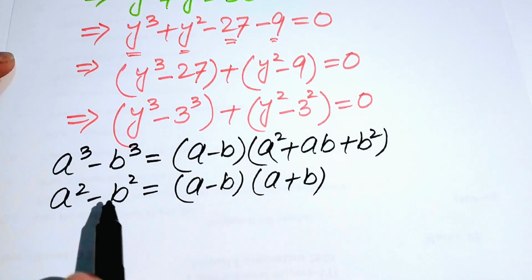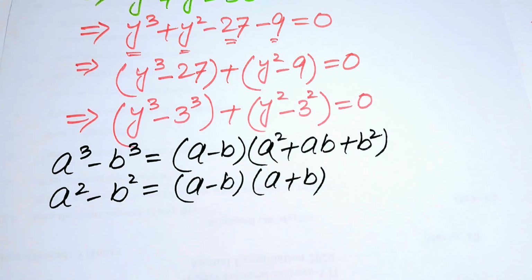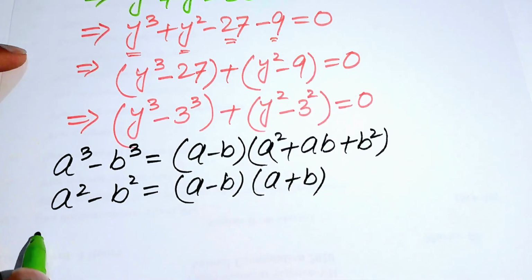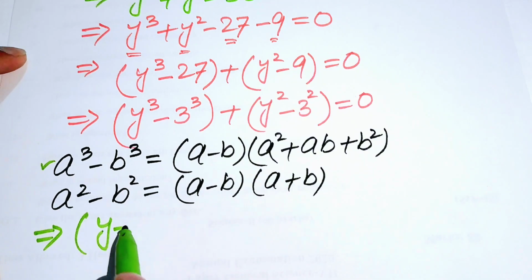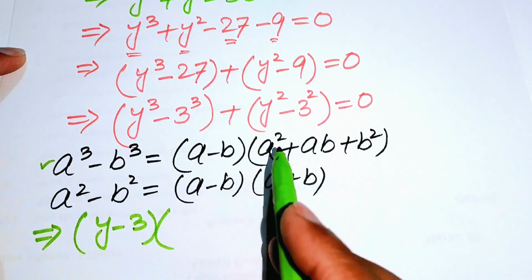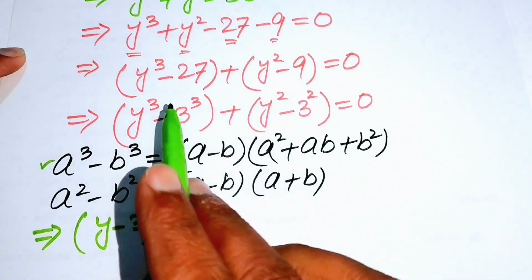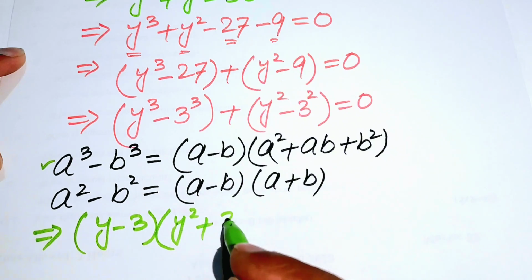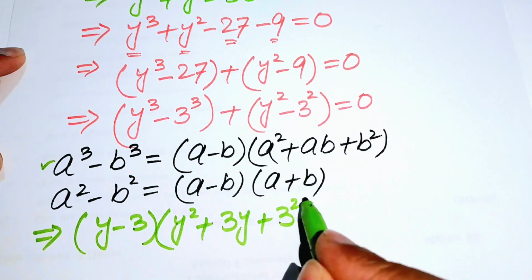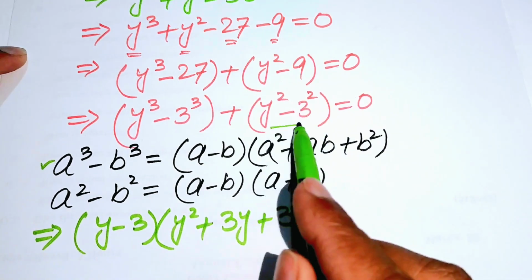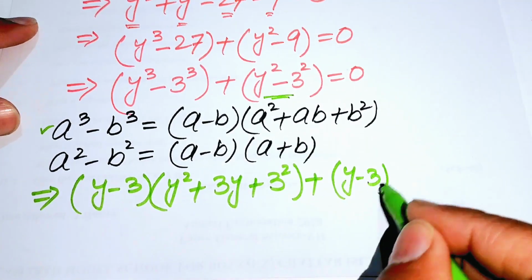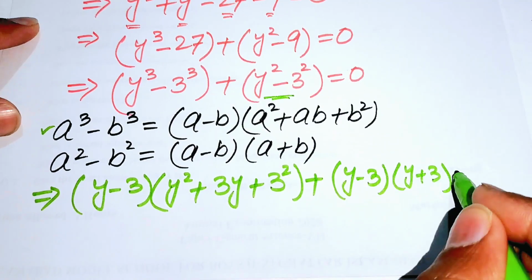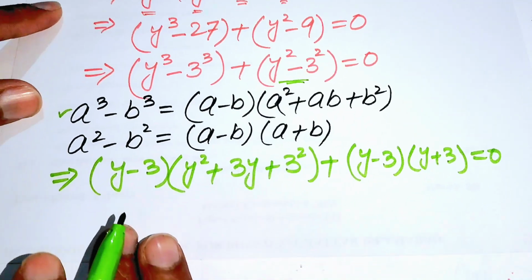So here we use these two formulas on the above equation. First we use the cubic formula, and this expression will become y minus 3 times y squared plus 3y plus 3 squared, and plus here we use the square identity in this expression, and it will be written as y minus 3 times y plus 3, and this whole equation equals 0.